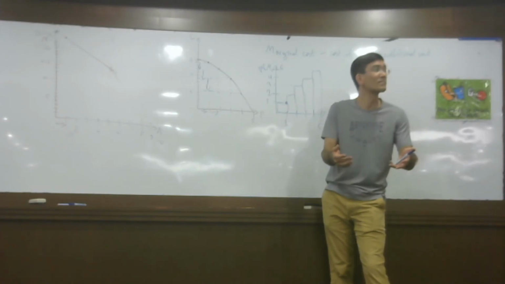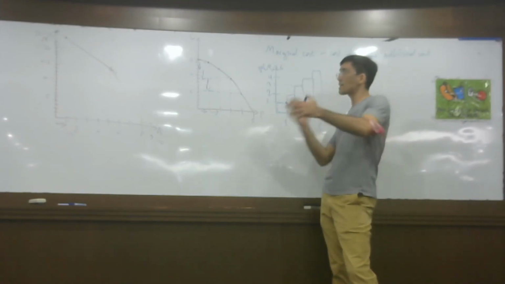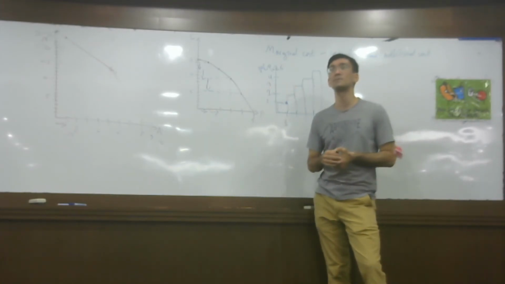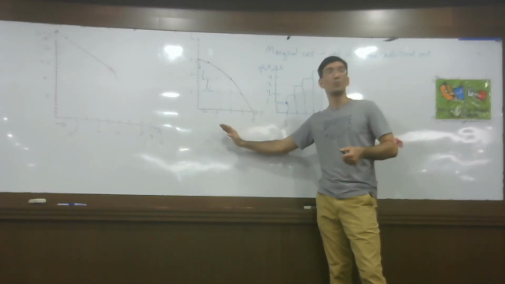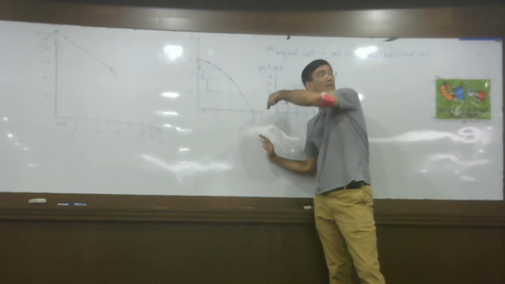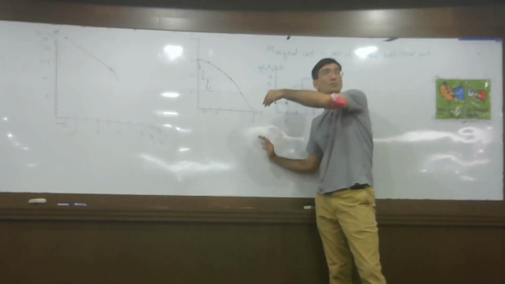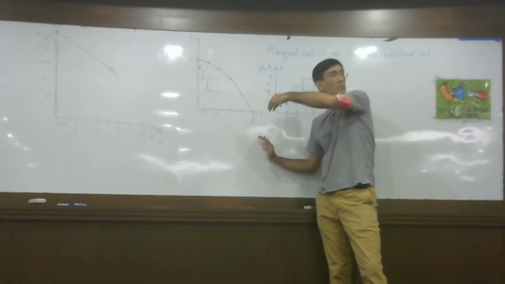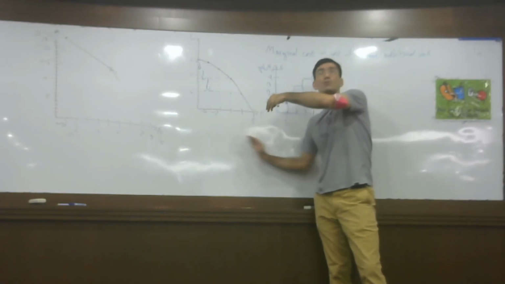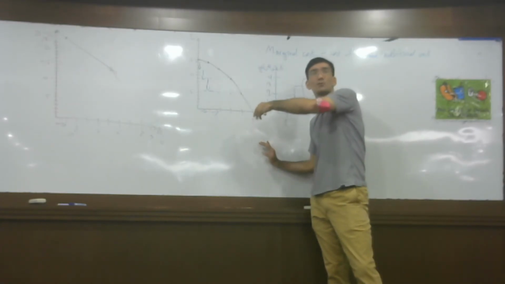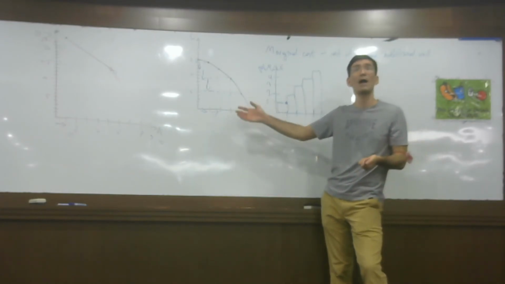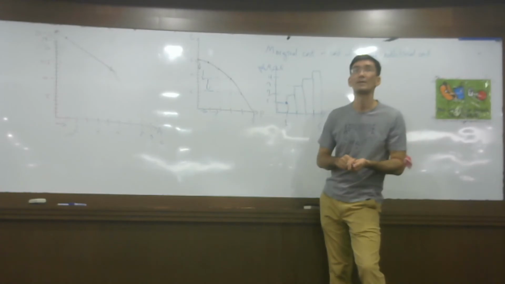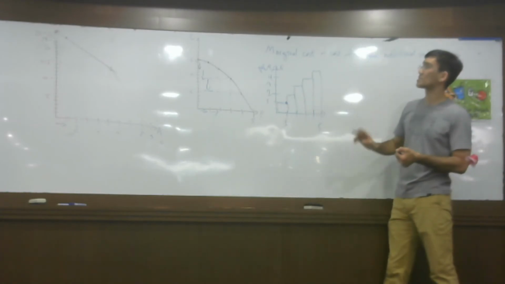And it's all related to the PPF, production possibilities frontier, because if I want more pizza, I have to have less cake, because the PPF shows all the possibilities that are possible to produce. That's also related to opportunity cost and marginal costs. We can derive one from another, right? So there's marginal cost.